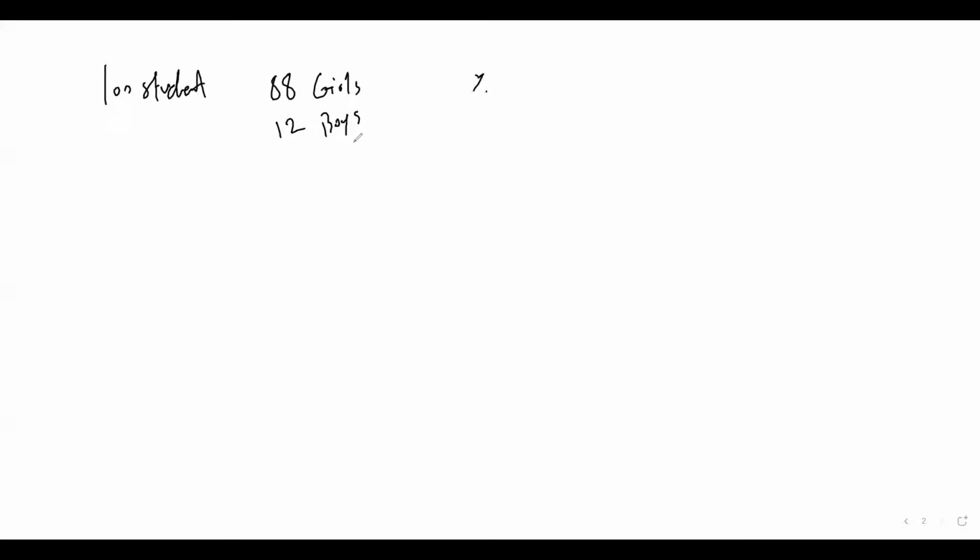So all you have to do is, for the girls, we have 88, take that number and divide it by the total of the number of students. That would be 0.88, which then you multiply that by 100 and you get basically 88%, right? So for the boys, we do the same thing.